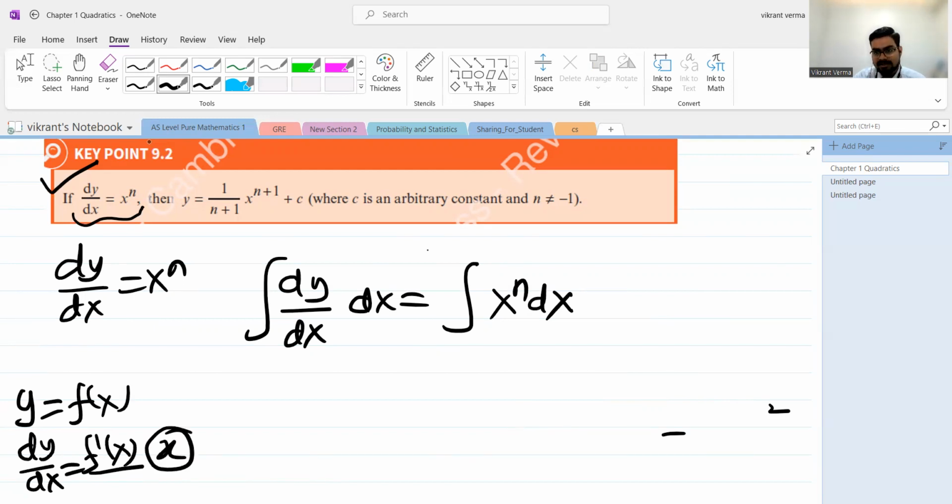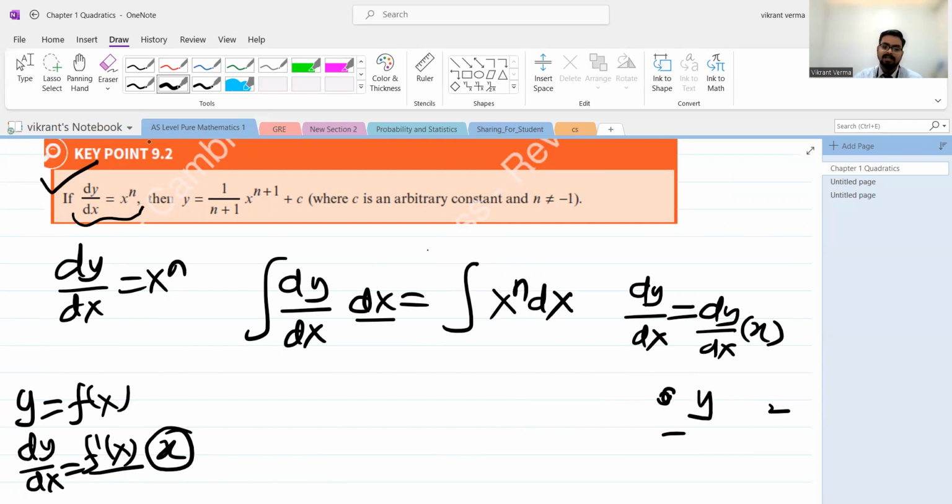So dy by dx is a function of x. We apply dx or dy depending on whether the function is of x or of y. Earlier it was simply y, which is a function of y itself, which is why I multiplied by dy. But in this case, I will multiply it by dx.